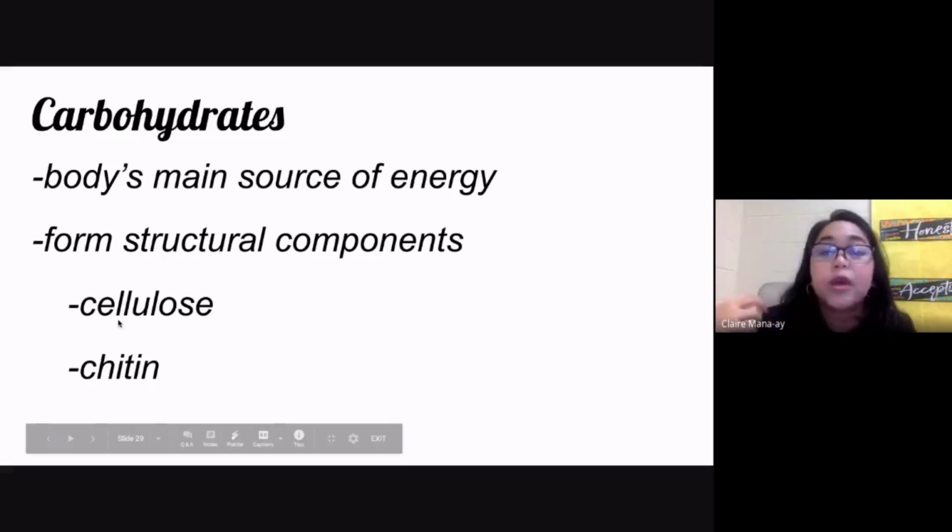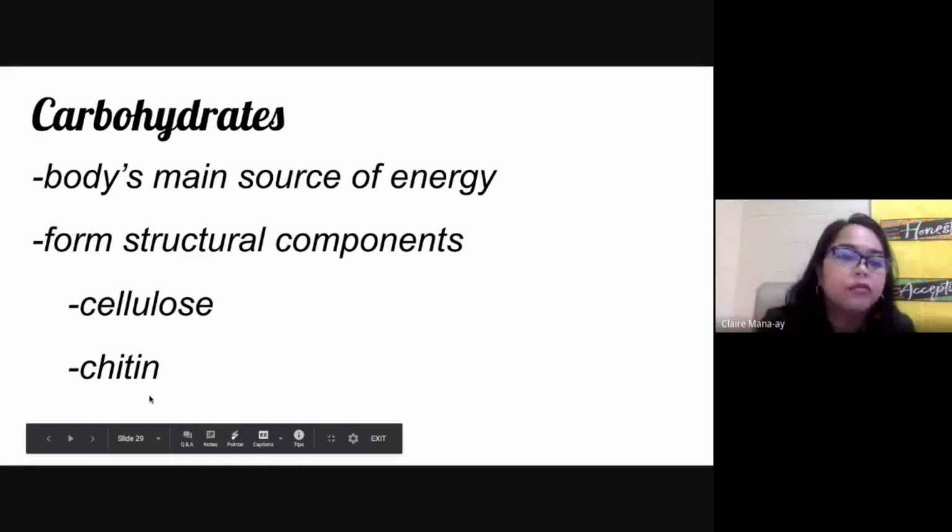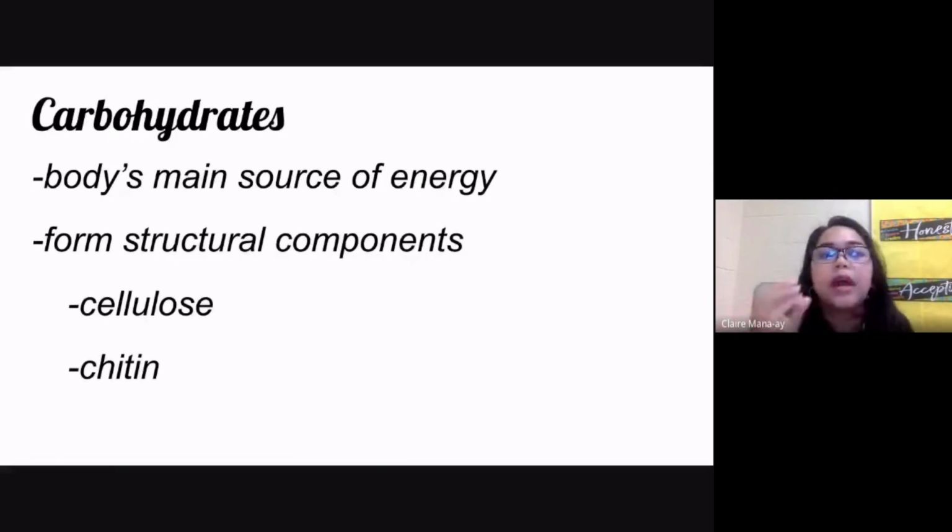Okay, so the skeleton of your arthropods, of your insects, that's made up of carbohydrate, which is chitin. So again, the main function of your carbohydrate in the body is that it is the main source of energy. It may also have several other functions, like it forms structural components, the cell wall in your plant that is made up of your cellulose, and chitin in the exoskeleton of your insects.